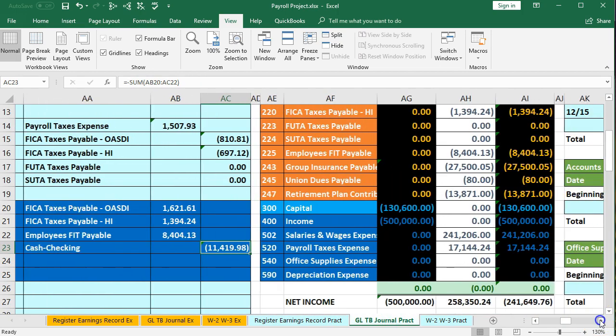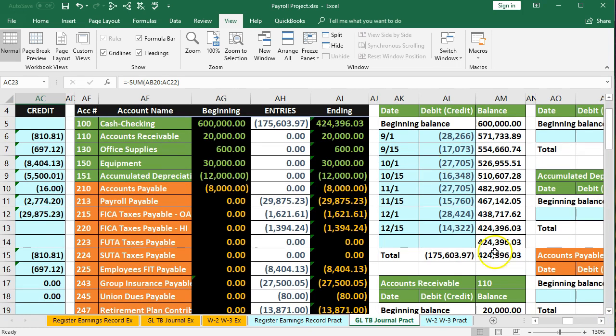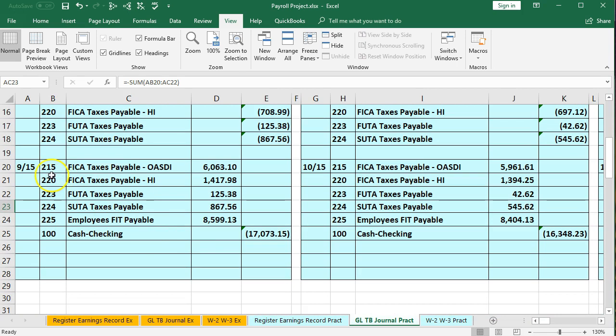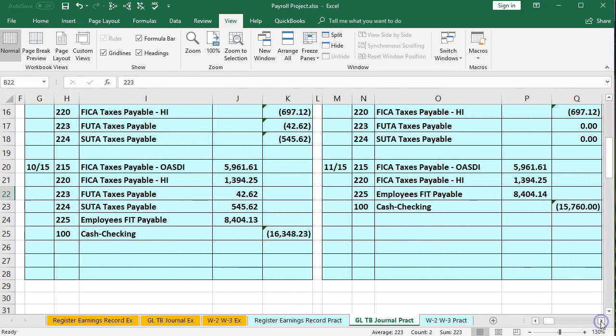We're going to go back over here and say, here's all the cash payments we made. If we go back to the actual cash payments from our journal entry, we can see this is our cash payment consisting of Social Security, Medicare, FUTA, SUTA, FIT, and then here's our second payment that was made in October that includes FUTA, and then in November we have the same payment journal entry, but it's a lot smaller, not including FUTA or SUTA.